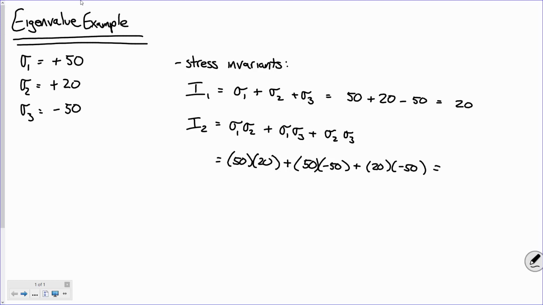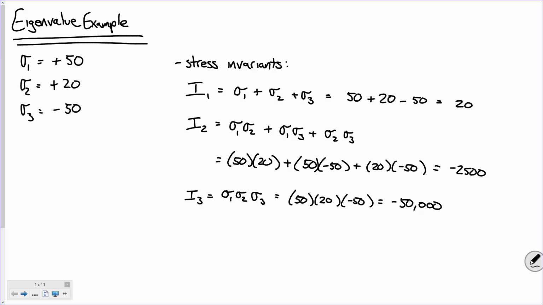And you do the math, and that comes out to be negative 2,500, and that's okay, especially for your I2 and I3. They can come out negative. That's no big deal. I3 is just sigma 1, sigma 2, sigma 3, which is 50, 20, minus 50, and that is negative 50,000.